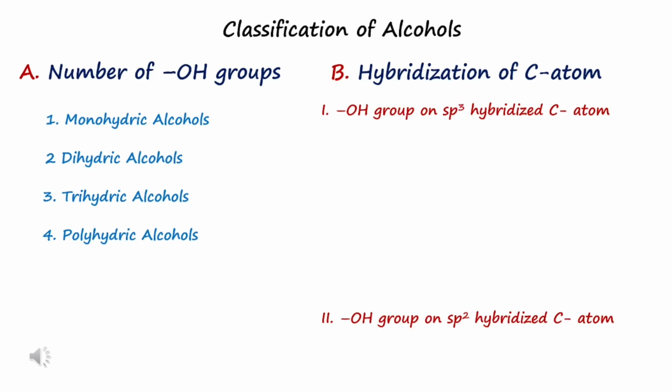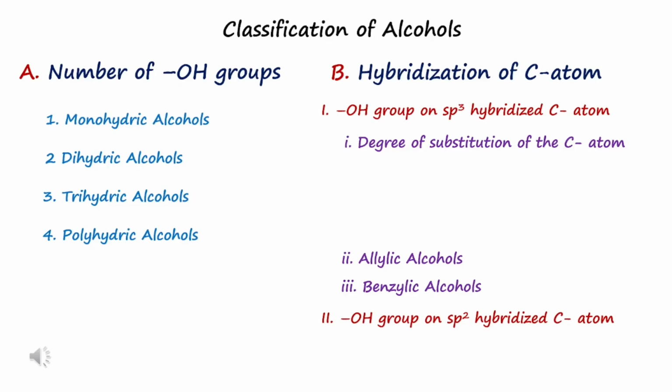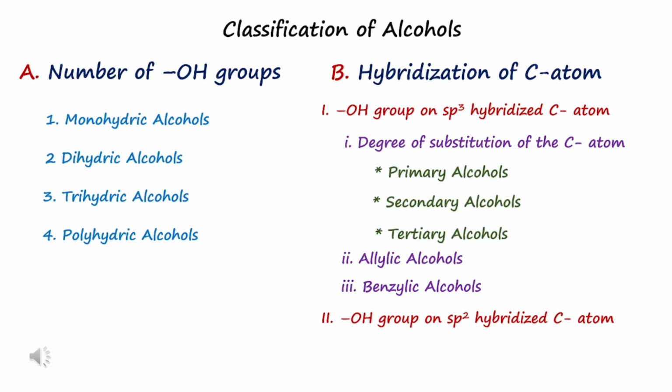Alcohols with hydroxyl group on sp3 hybridized carbon atom are further divided into allylic alcohols, benzylic alcohols, and, by degree of substitution of carbon atom, primary, secondary and tertiary alcohols. Hydroxyl group on sp2 hybridized carbon atom is further divided into vinylic alcohols and phenols.